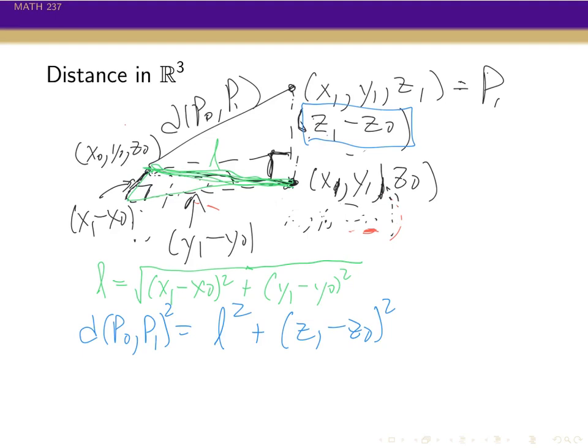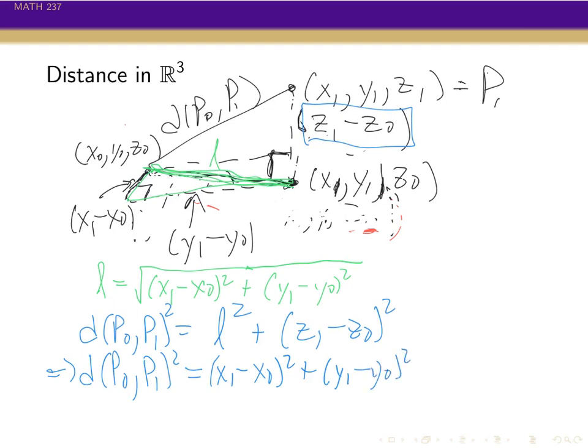And then plugging in what we have for L, if we square it, we cancel out that square root. And so we have x1 minus x naught squared plus y1 minus y naught squared plus z1 minus z naught squared.